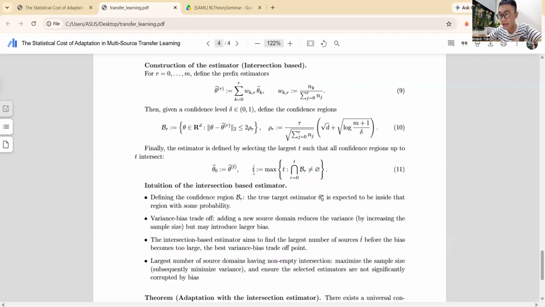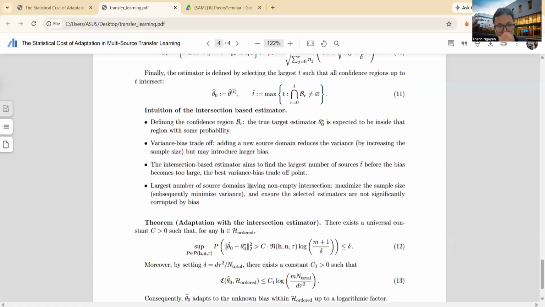So it's likely that adding a new one will increase the bias, while not providing an advantage in the trade-off. Yeah, that's, I think, the intuition of the intersection-based estimator.